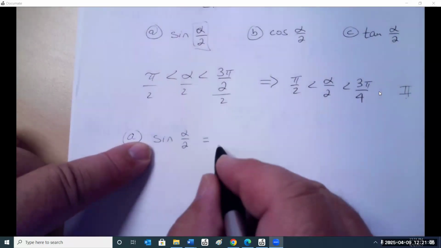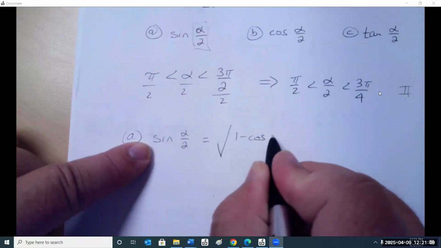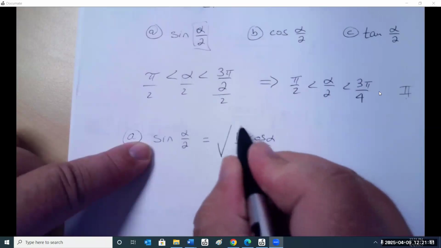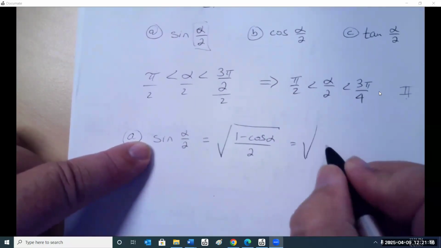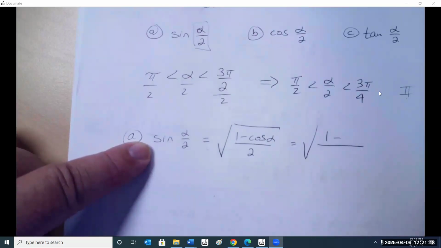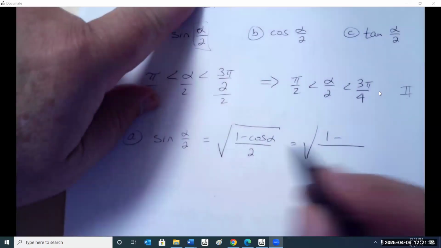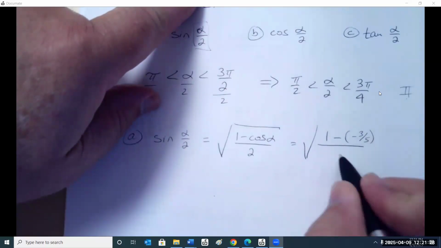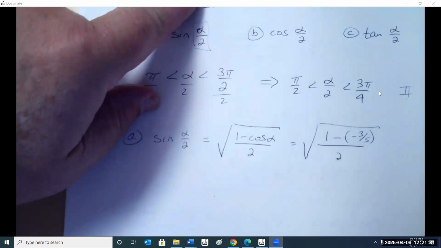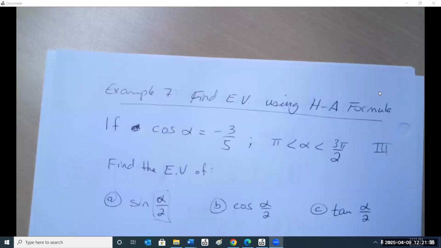It's positive, so we just use the square root of 1 minus cosine alpha over 2, which is equal to 1 minus cosine. We were told cosine alpha is negative 3 over 5.